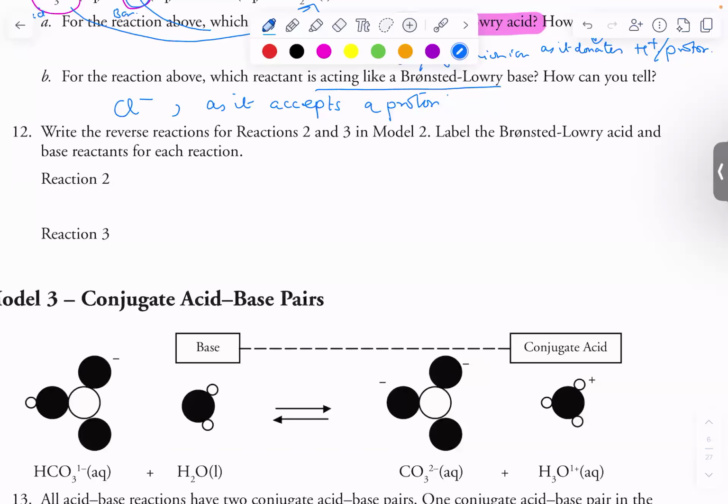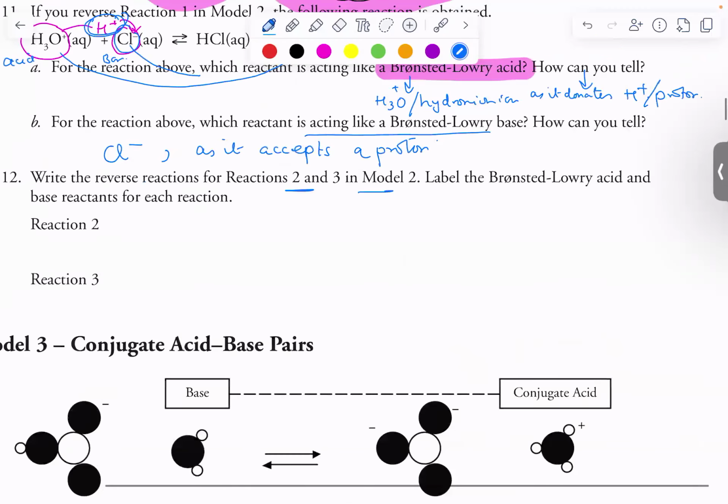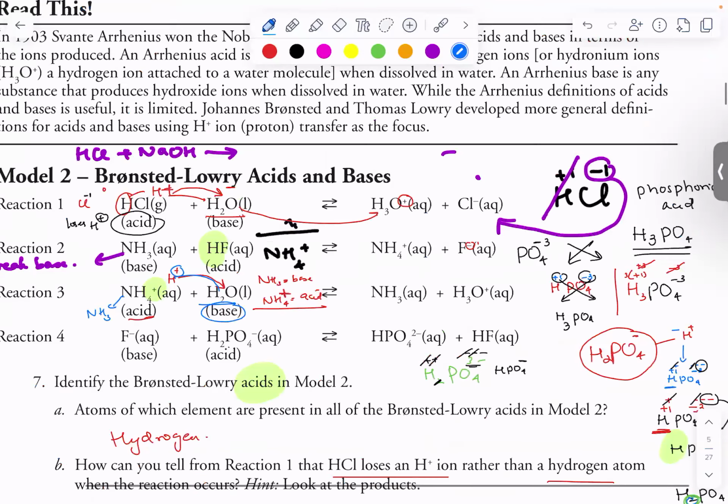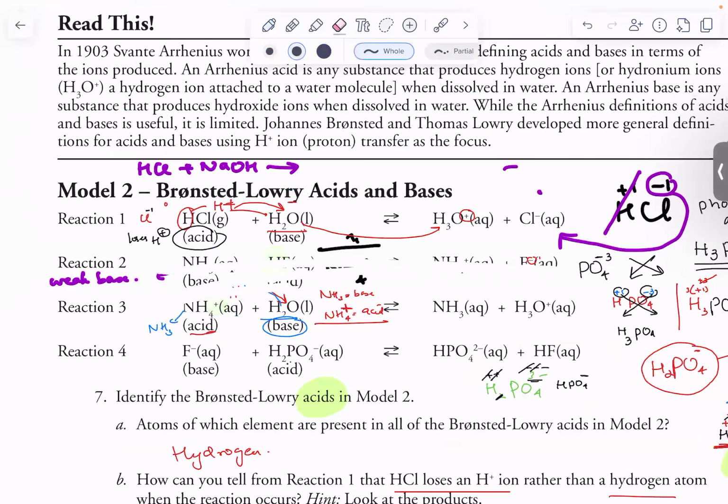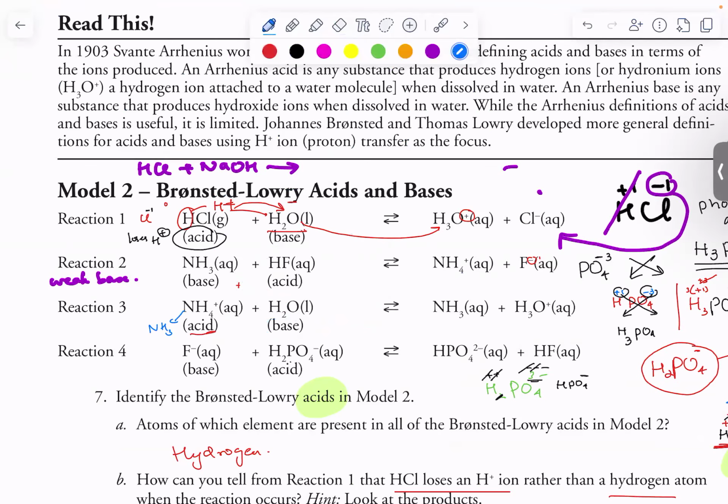Write the reverse reaction for reaction 2 and reaction 3 in model 2. Label the Bronsted-Lowry acid and base. So we need to write down the reverse reaction. Let me copy reaction 2 and reaction 3. I'm very satisfied that you have already got the document. So if I rub off anything, it will be there in the previous document.